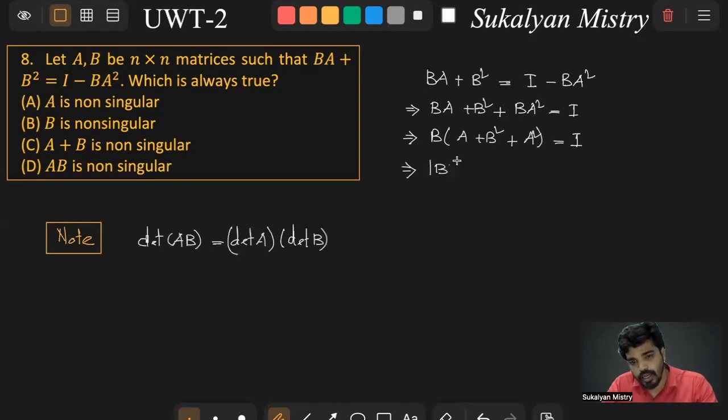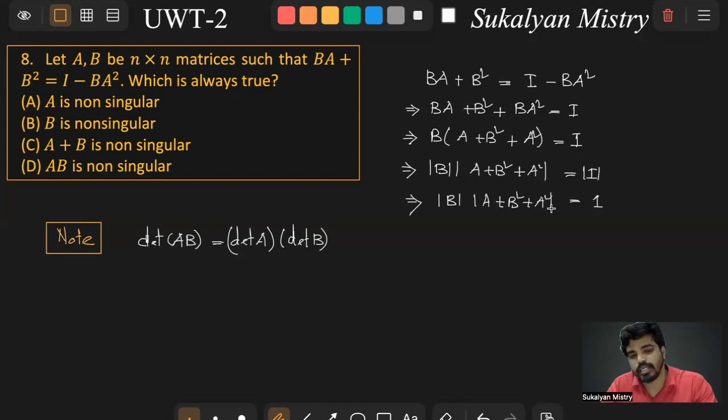Determinant B into determinant A plus B square plus A square is equal to determinant I.